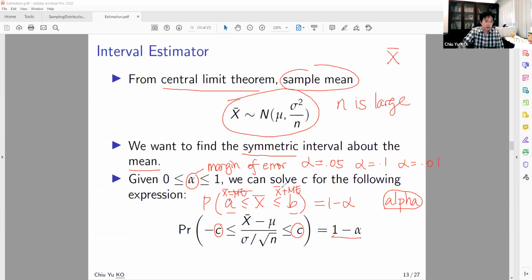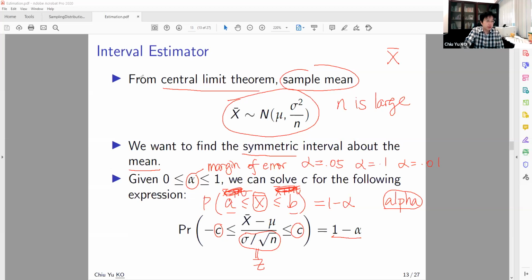But anyway, let's forget about it for now. Because this is normal, we can standardize it: minus mu, divided by the standard deviation of the sample mean. Remember, this is the variance of the sample mean. So this is the standardized normal Z. This is what we want.